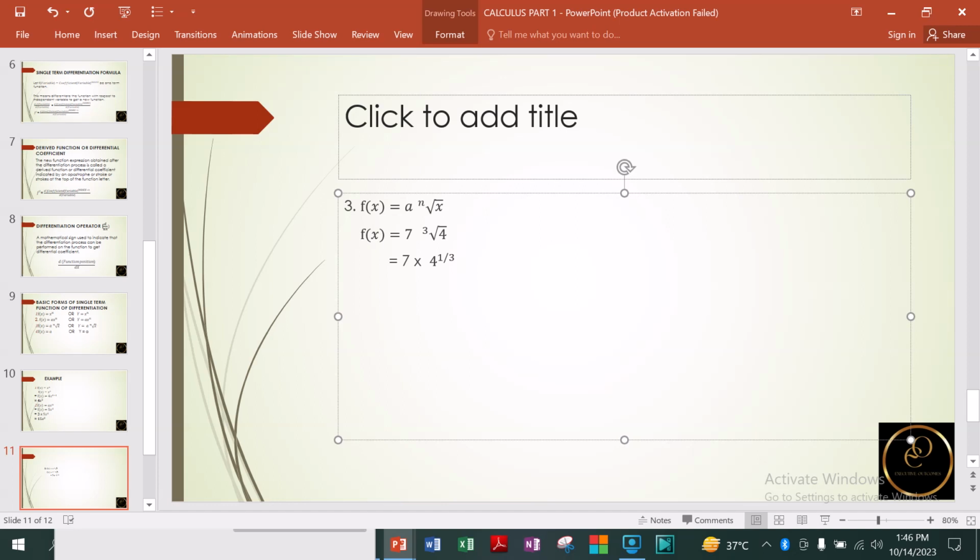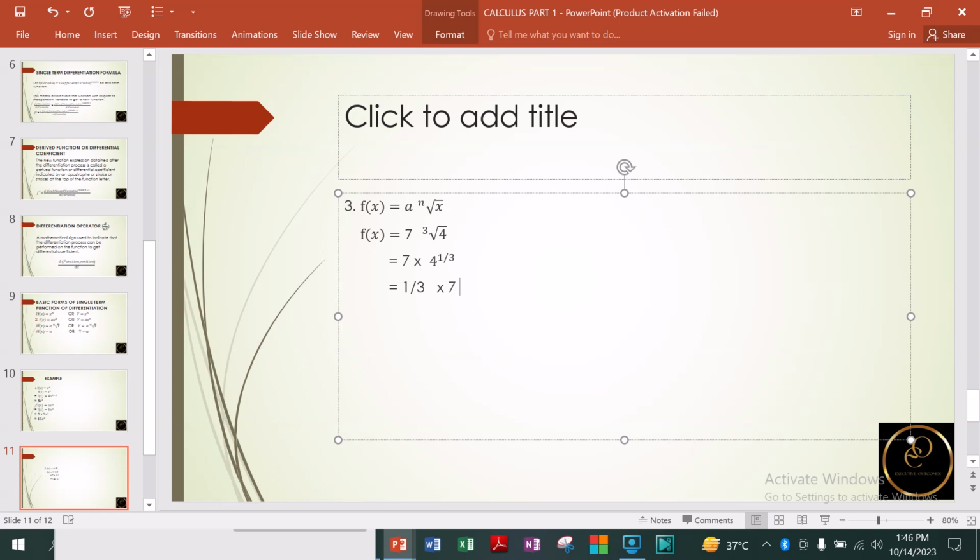So what happens in this particular case? We bring down the power in front. So this is 1/3, 1 divided by 3, which is going to be multiplied by 7, which is going to be multiplied by 4.